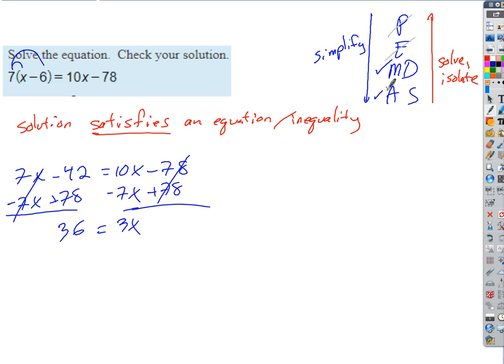Okay, so how do we isolate the variable? Notice that we get to a point here where there is a single instance of the variable. And I'm going to say this about 1 billion times this year: if you can point to a single variable, then you can isolate it, right? So we got a single x up there. All we have to do now is start working our way backwards through the order of operations, and we can isolate the x.